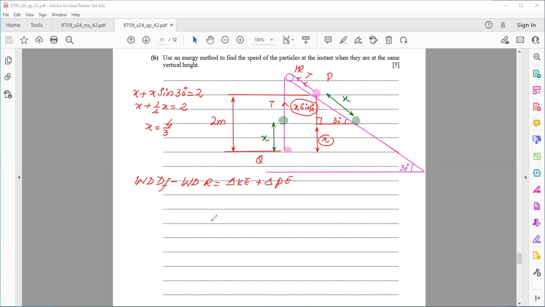So we have to find all these things step by step. The first one is the work done by driving force. First of all, there are two driving forces. The first driving force on this body is T on Q, so T times the distance x is the work done on Q.